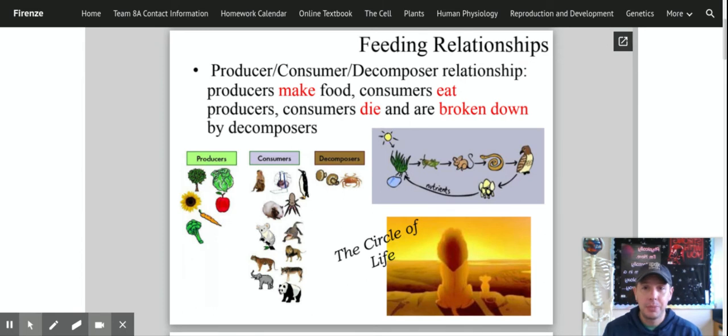So we're going to take a look at how the producers, consumers, and decomposers, what their relationship is, and how this energy flow gets moved around even more in the environment. So basically, remember, producers make the food, consumers eat the food, then the consumers die, and our bodies are broken down by decomposers to return our nutrients back to the soil so the producers can continue to make food.